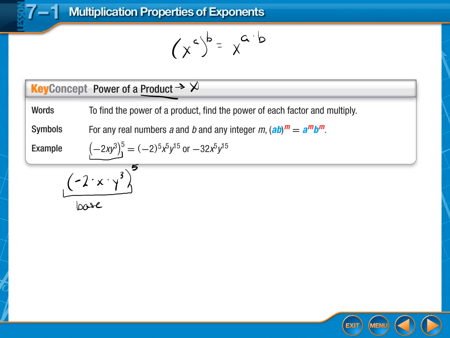So this base, negative 2xy to the third, is repeating 5 times the exponent. So if I were to write this out, I would have negative 2xy to the third times negative 2xy to the third times negative 2xy to the third. And I would do this a total of 5 times.